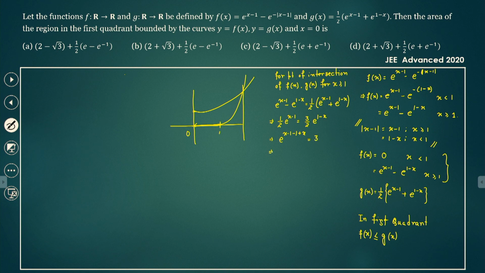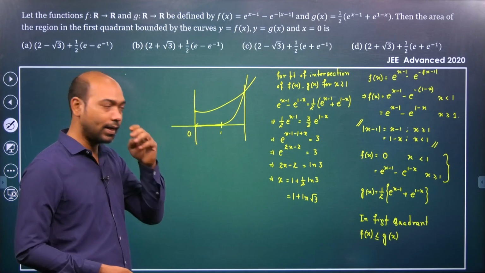That implies e to the power 2x minus 2 is equal to 3. If I take the log on both sides, we'll get 2x minus 2 is equal to log of 3. And therefore x is equal to 1 plus 1 by 2 log 3. Or in other way, we can say that it's 1 plus log of root 3. So that's the point of intersection. So this line will come back as 1 plus ln root 3.